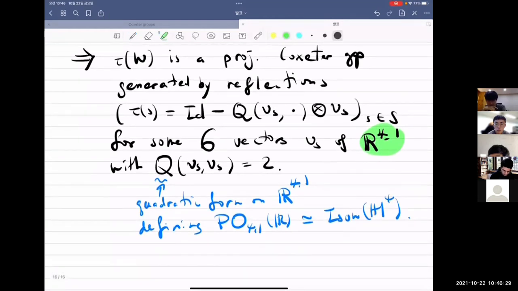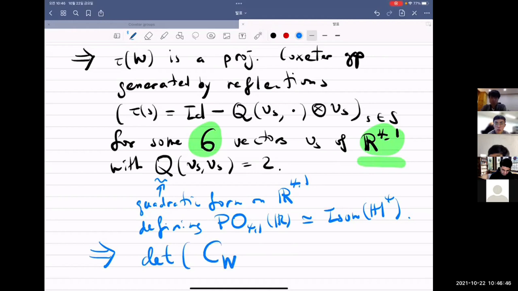So you see, here R^{4,1} has dimension 5, but we have 6 vectors. So the determinant of CW, which is the Q(VS, VT) for S, T in S, should be 0.